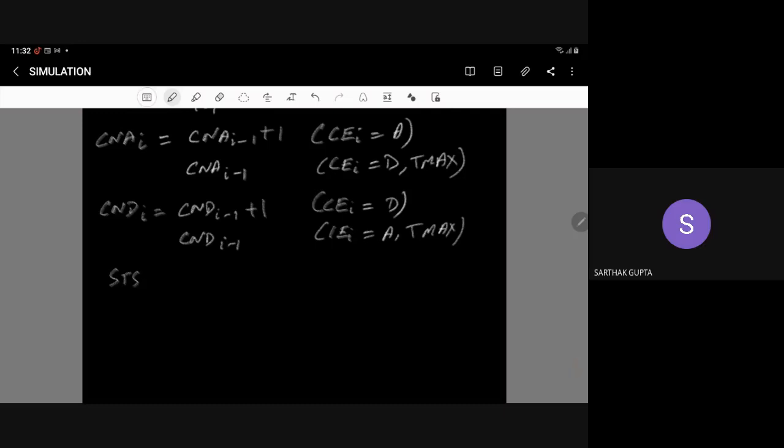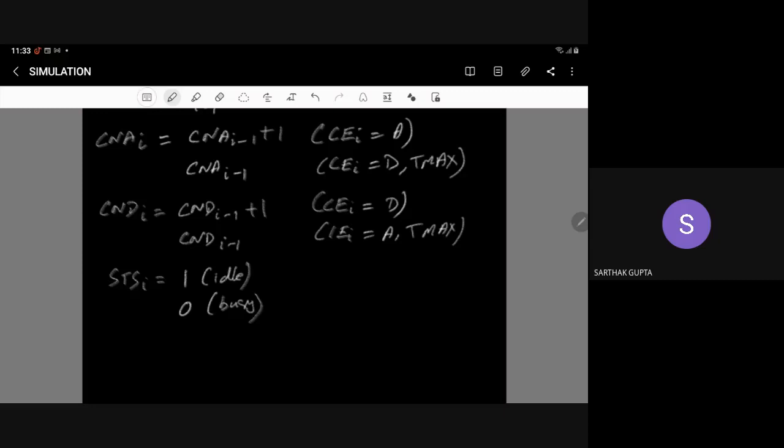Similarly, STS, the server status, can be idle or busy. 1 stands for idle and 0 stands for busy.